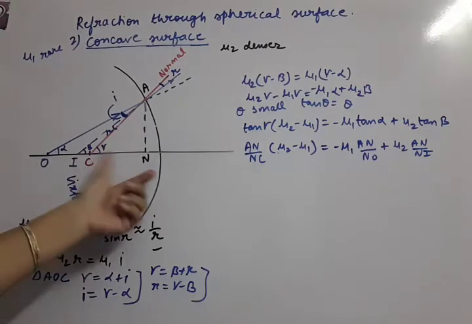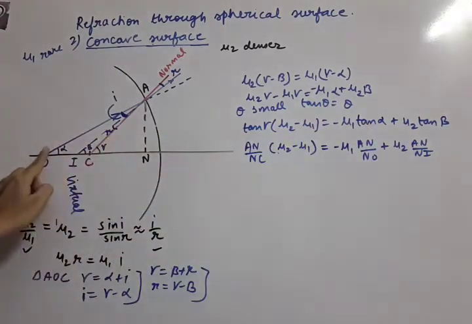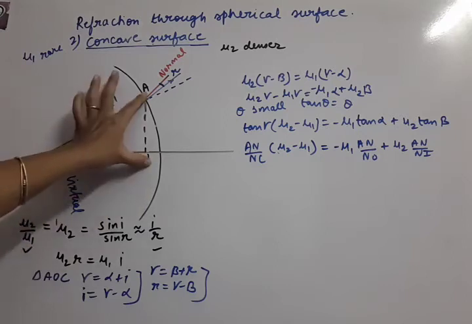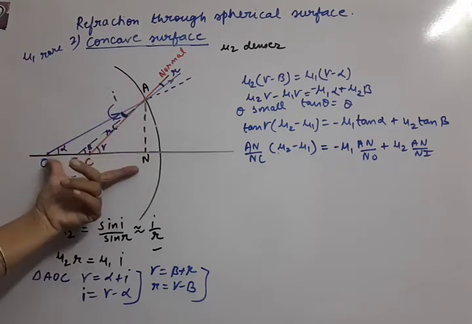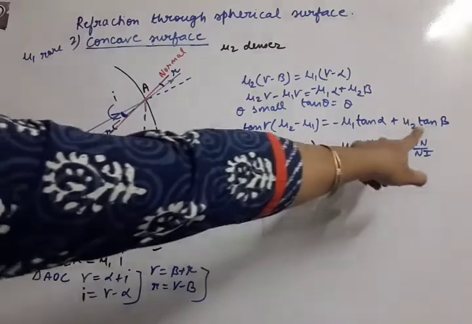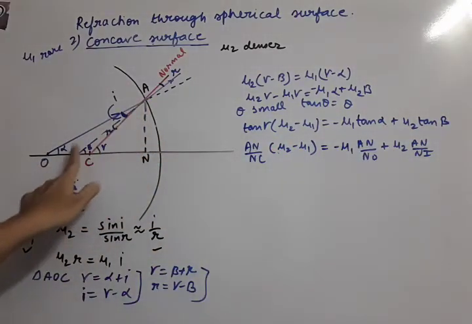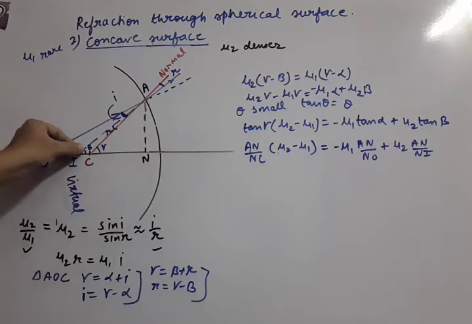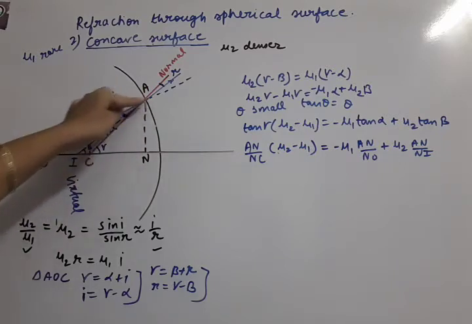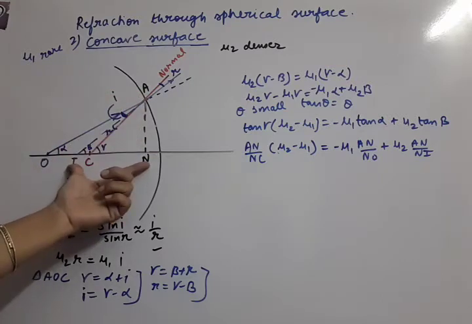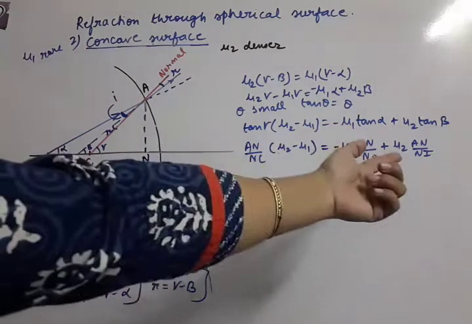Now for tan alpha, see this bigger triangle: perpendicular AN upon base NO. Then for tan beta, see the triangle in which beta is one angle. Beta is here, so you need to see this smaller triangle AIN, perpendicular upon IN. That is the formula written.